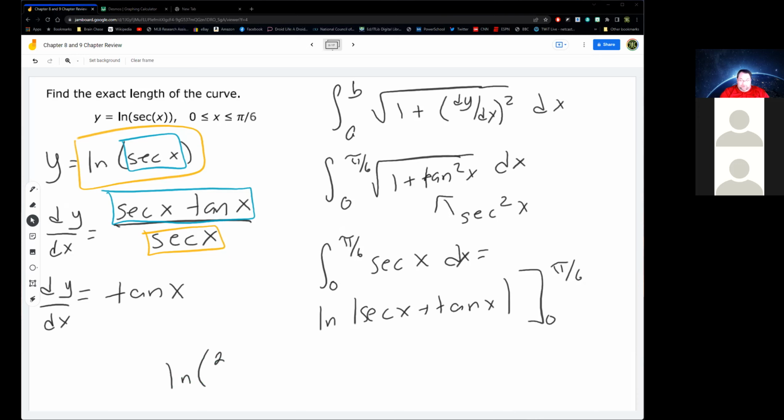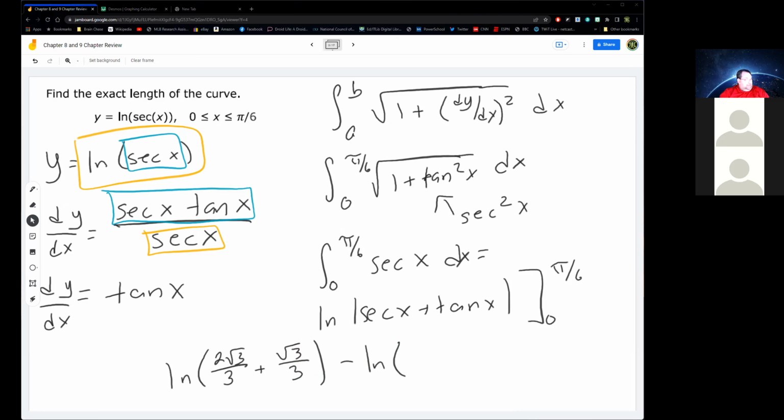Actually, 2 square root of 3 over 3, plus tangent, which is square root of 3 over 3. And then minus ln of secant of 0, which is 1, I think. Yes, which makes it 0.